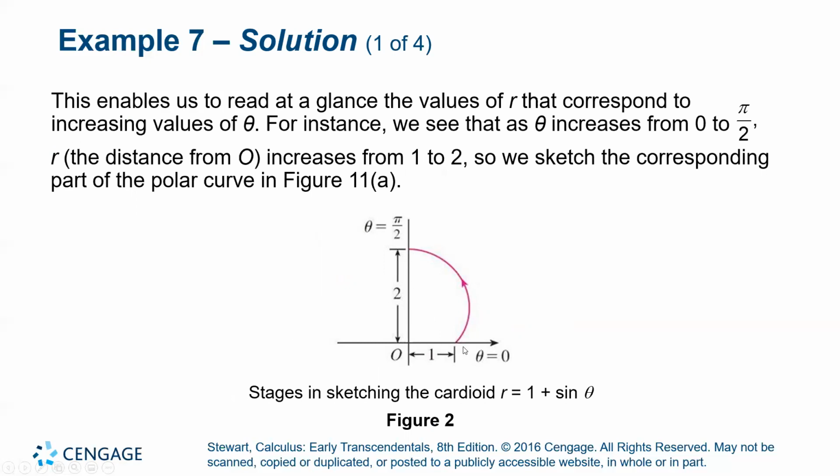So as theta grows from 0 to pi over 2, r moves from 1 and grows to 2. So when theta is pi over 2, which looks like the positive y-axis, r is 2.